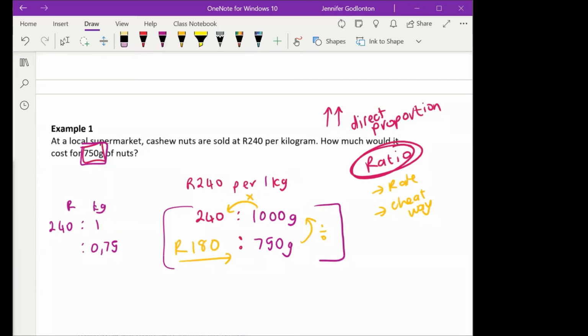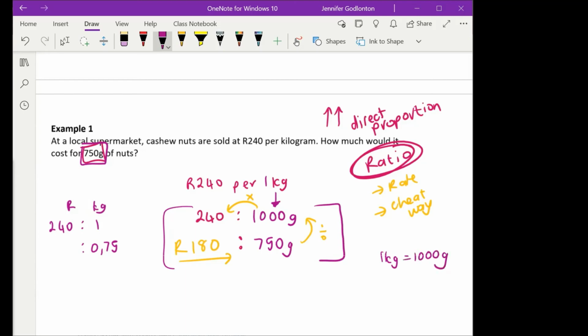Then we think about it as a ratio because both are increasing. The more cashew nuts I buy, the more expensive it would be. The less cashew nuts I buy, the less expensive it would be. That means it's direct proportion. I have to change my kilograms to grams because I can't compare units that aren't the same thing. So I change my 1 kilogram to 1,000 grams.